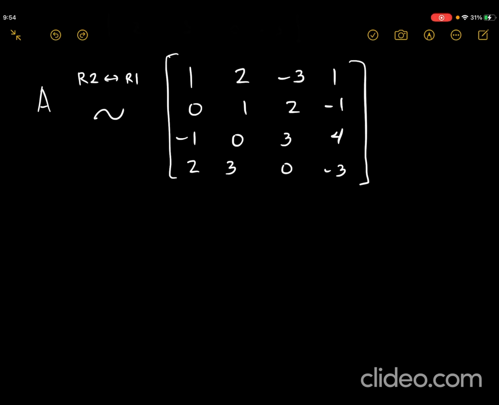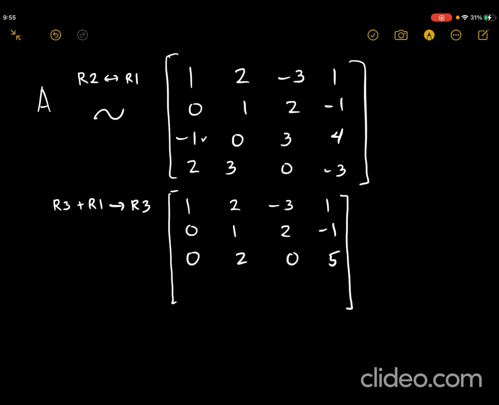To eliminate this entry, we may add rows 1 and 3 and use the result to replace the third row. That step will give us 0 here, 2 here, 0 here, and 5 here.